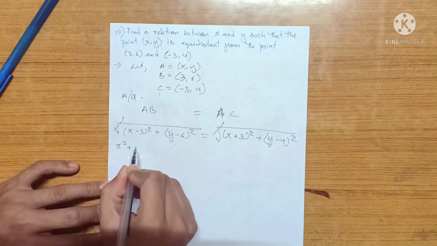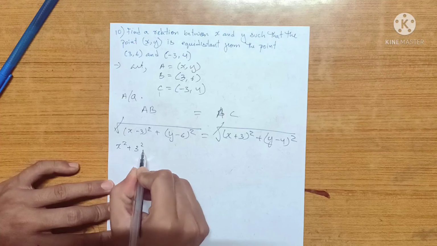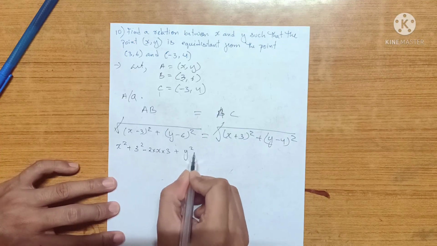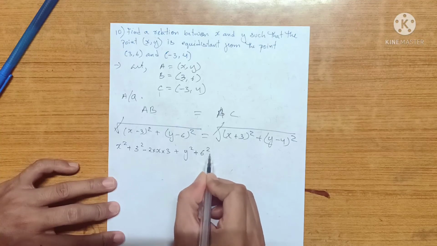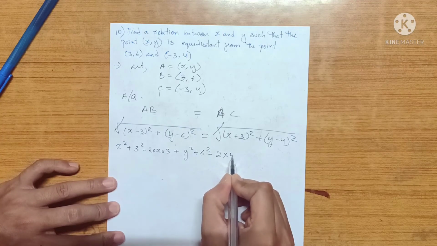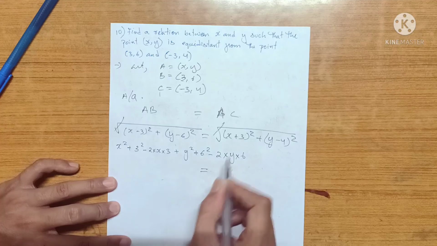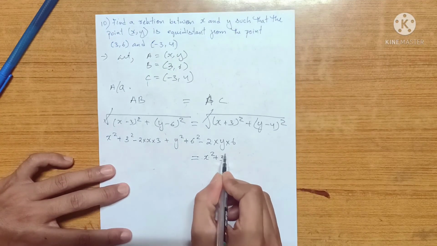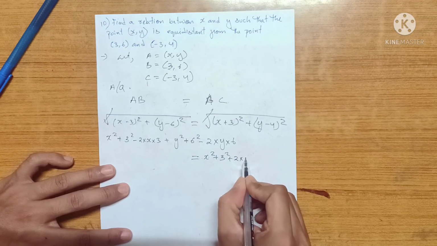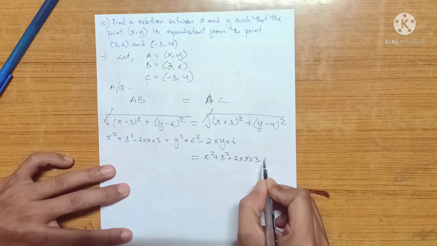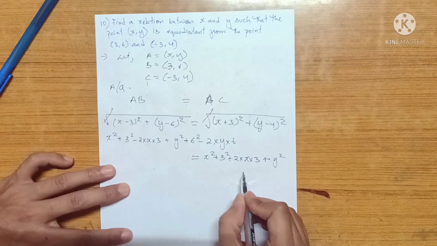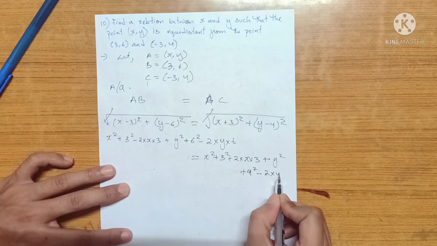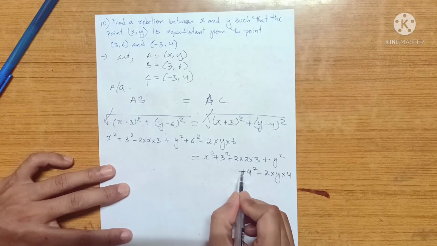So x square plus 3 square minus 2 into x into 3 plus y square plus 6 square minus 2 into y into 6 equal to this part. I'll just write here, okay? X square plus 3 square plus 2 into x into 3 plus y square plus 4 square minus 2 into y into 4.